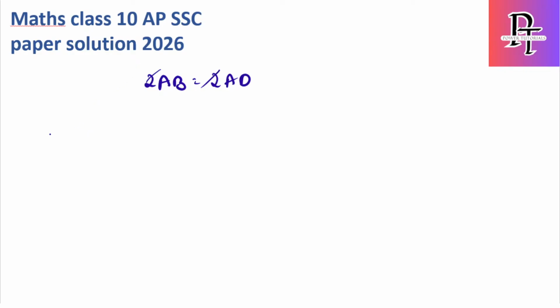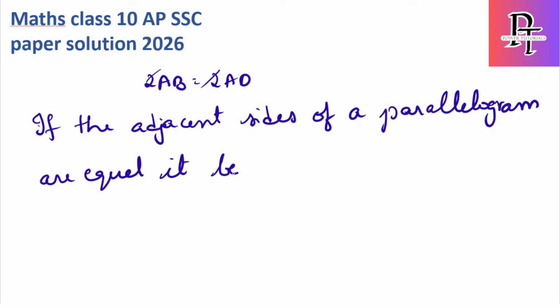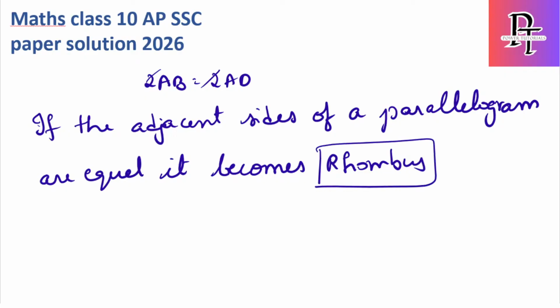If the adjacent sides of a parallelogram are equal, it becomes a rhombus. Okay, let's move to the next one.